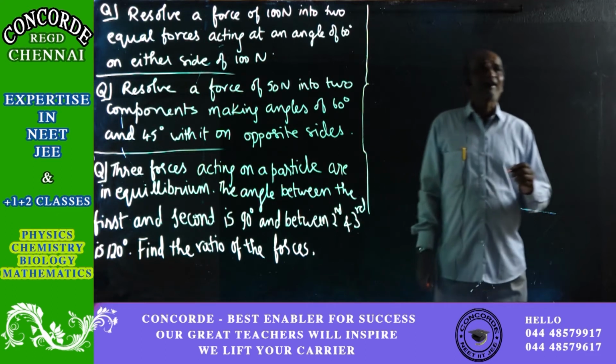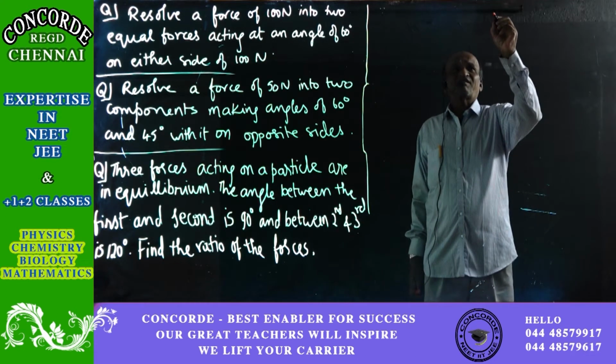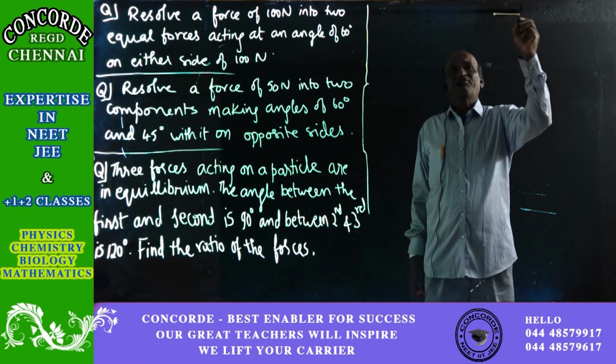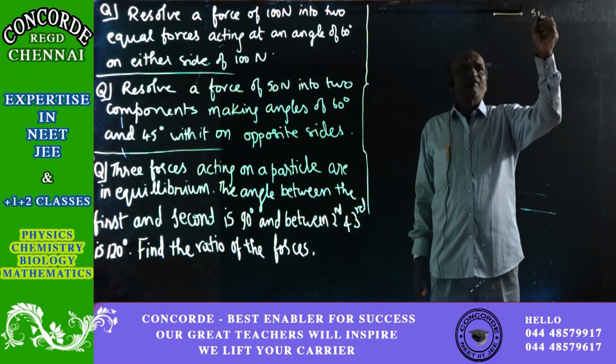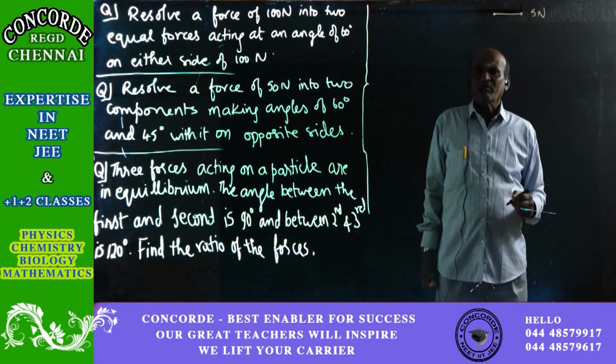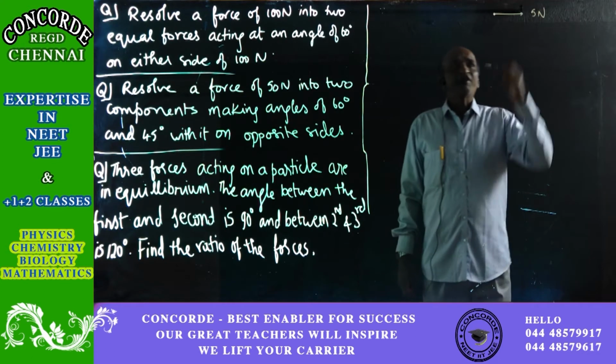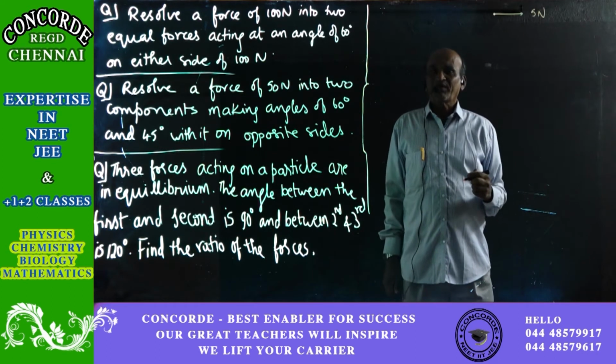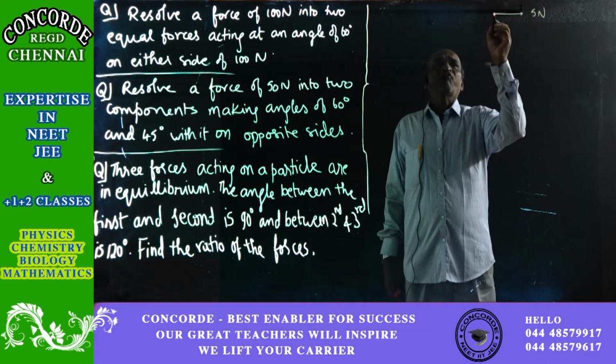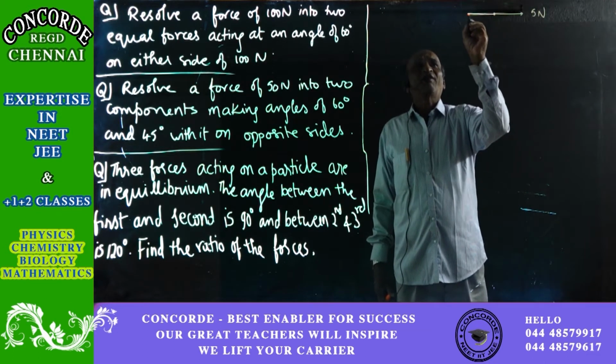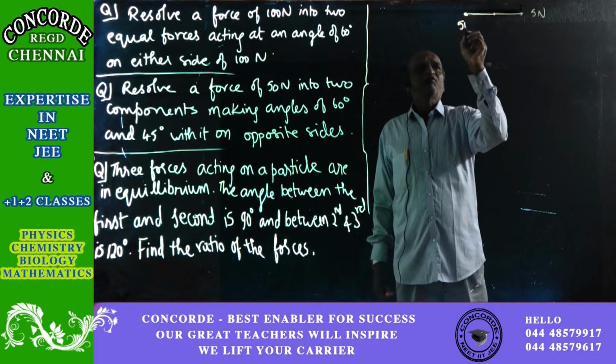To understand that, let us first try to know one concept. If a force of 5 Newton is acting on a body, this will keep on moving the body. But to avoid that motion, we have to apply an equal and opposite force.